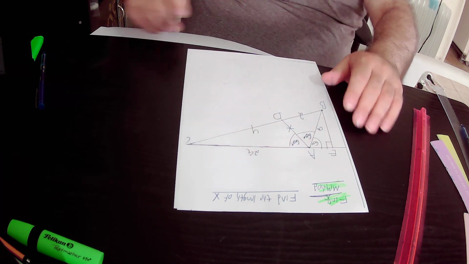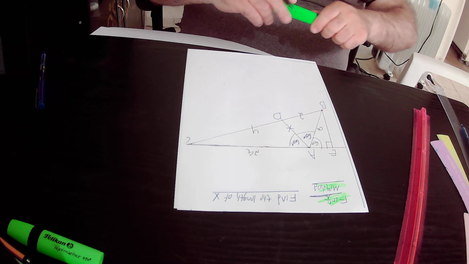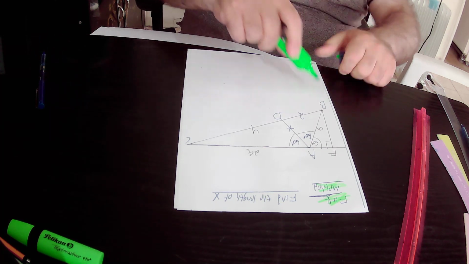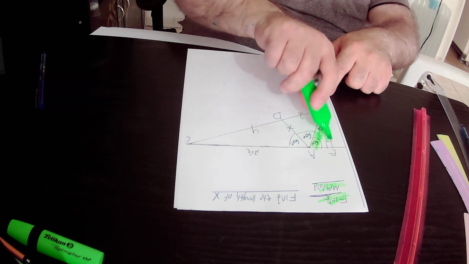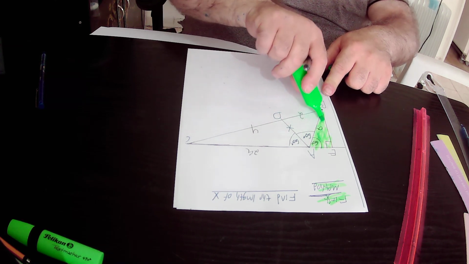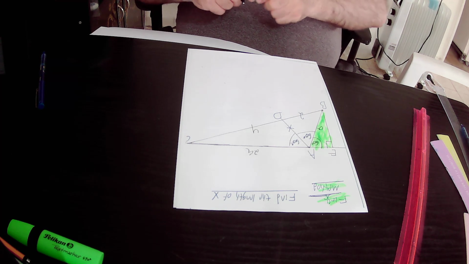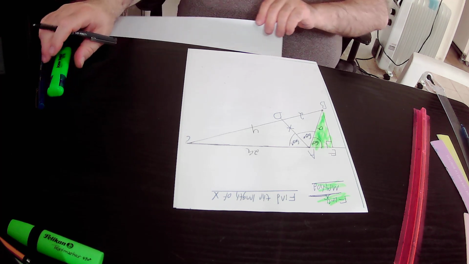So now that angle EAB equals 60 degrees, in the next step we will focus on the right-angled triangle EAB.